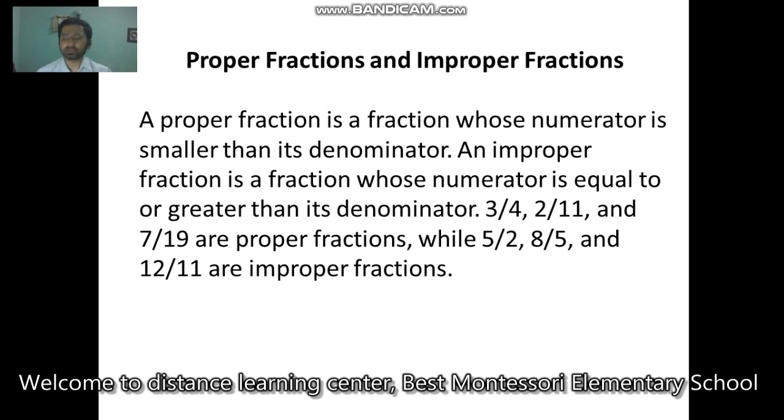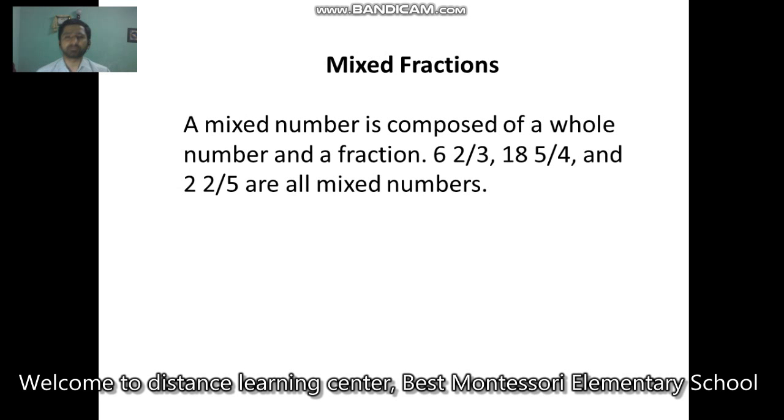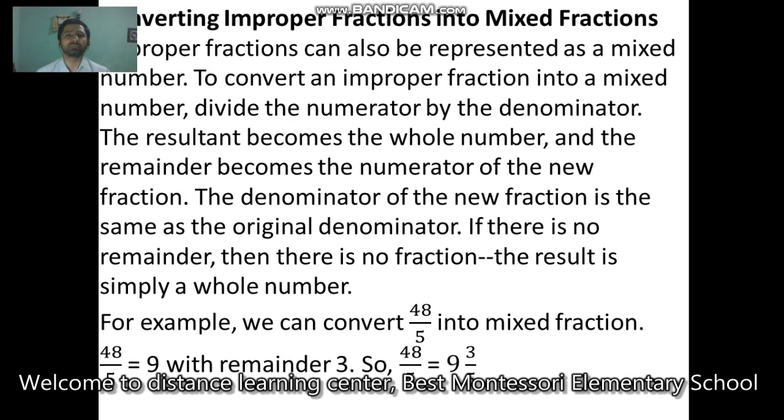Improper fractions can be converted into mixed fractions. A mixed fraction is composed of a whole number and a fraction. Here 6 whole 2 by 3, 18 whole 5 by 4 and 2 whole 2 by 5 are examples of mixed fractions, or we just say mixed numbers too.